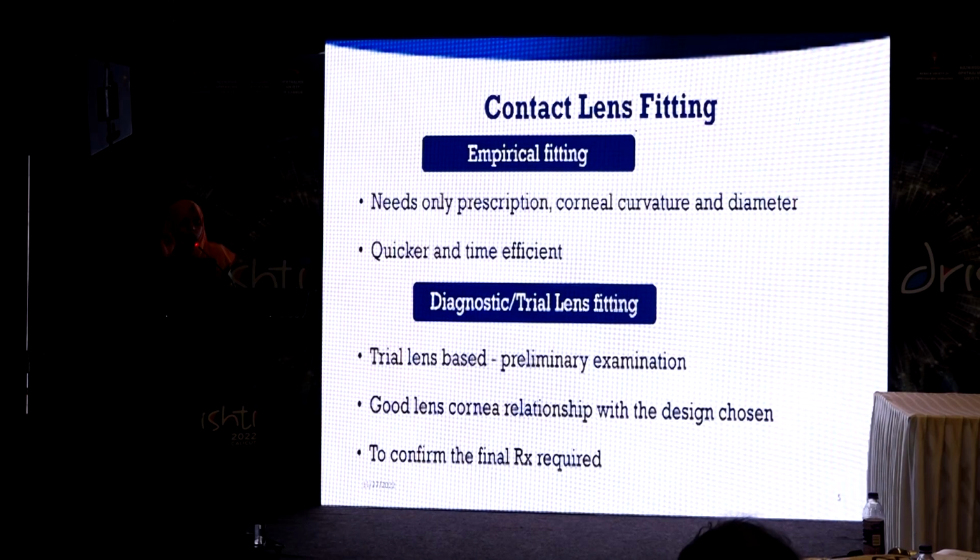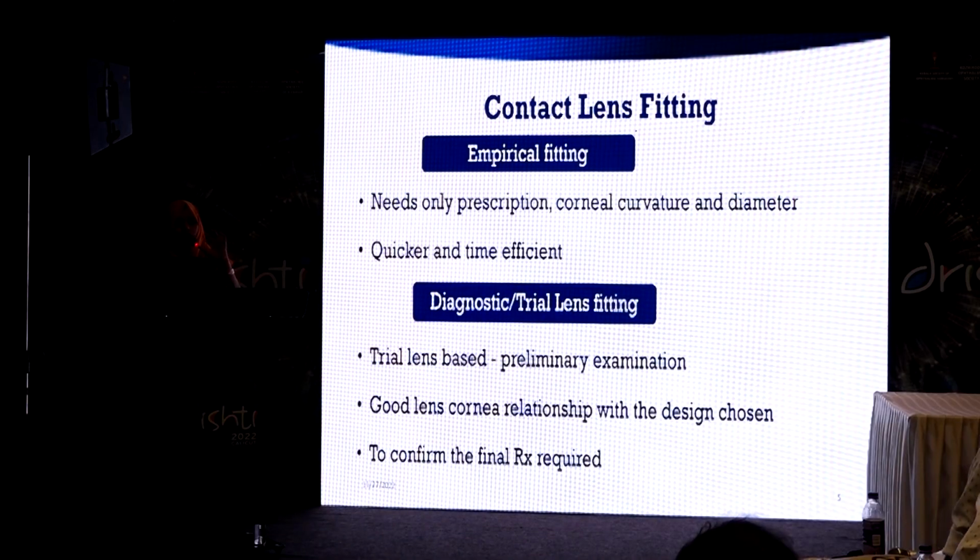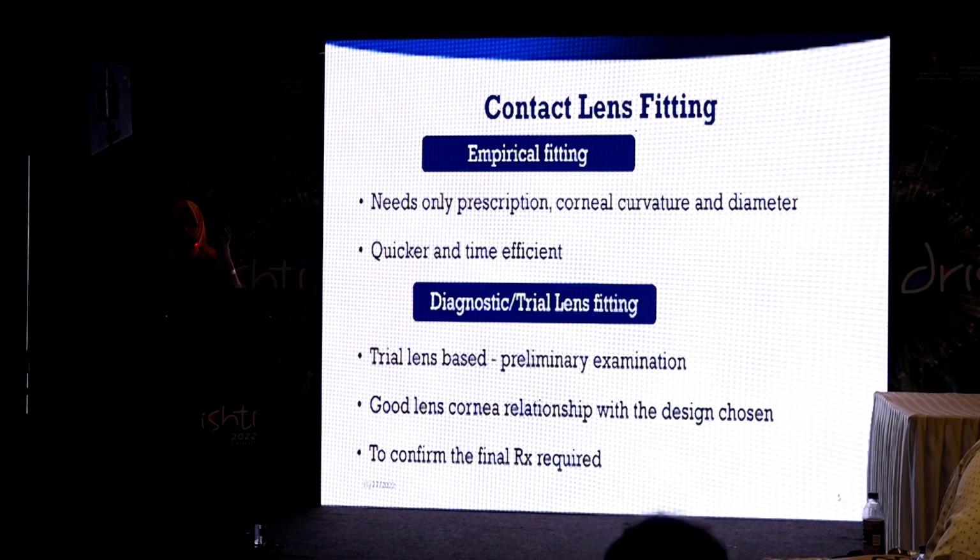There are two fitting approaches for contact lens fitting: mainly the empirical fitting and the diagnostic trial lens fitting. Empirical fitting requires only the patient's prescription, corneal diameter and corneal curvature. It is quick and time efficient, as we don't require a trial lens fitting; we have the prescription, so we can fit the patient.